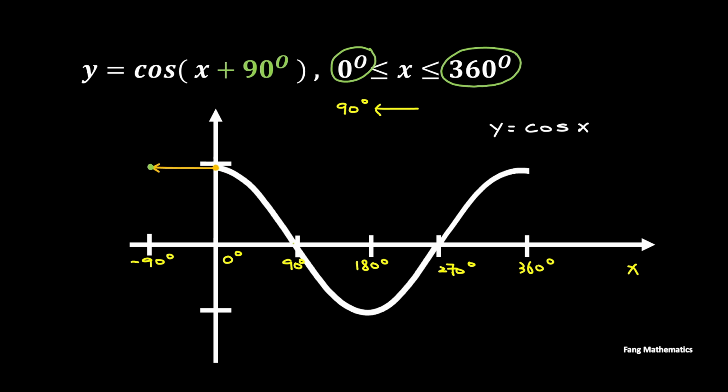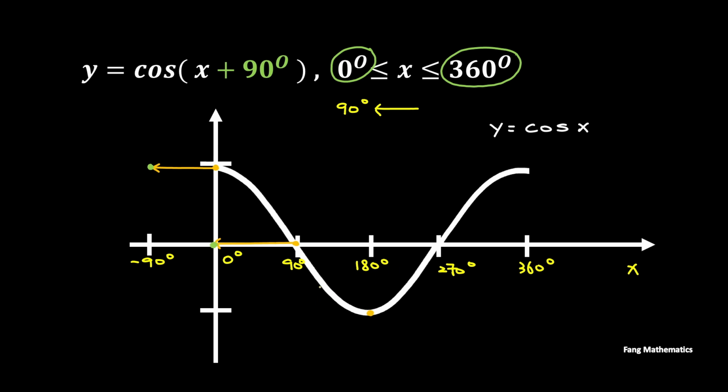We continue and look for the x-intercept. This x-intercept, we shift 90 degrees towards the left. So 90 minus 90, we ultimately land on 0 degrees. You should have a coordinate here, and this is where we start graphing the function. Moving on, you have this minima, and you shift that 90 degrees towards the left.